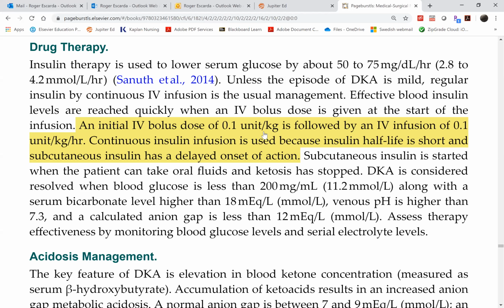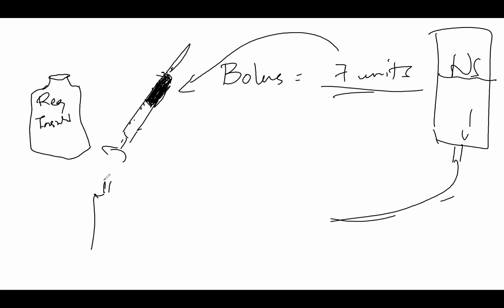So how are you going to give 7 units of IV bolus? Okay, so you get a flush. This is a pre-filled syringe with a Luer lock. This is 10 ml of normal saline, so you squeeze out maybe 1 ml and then draw back.